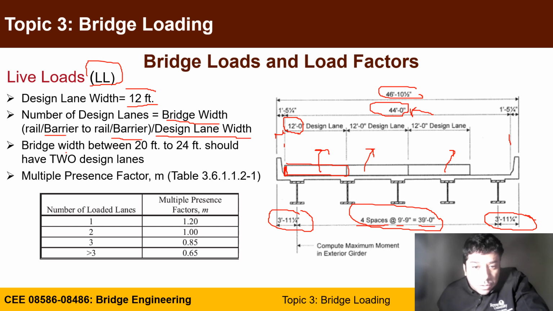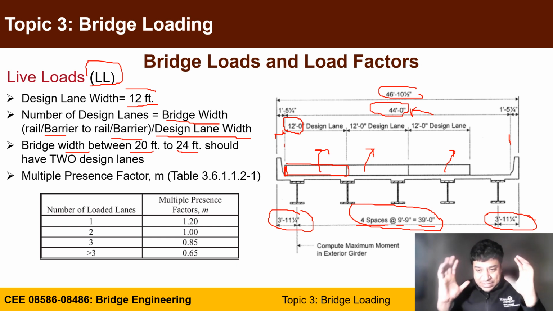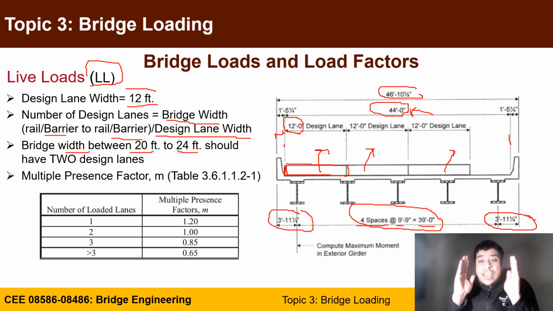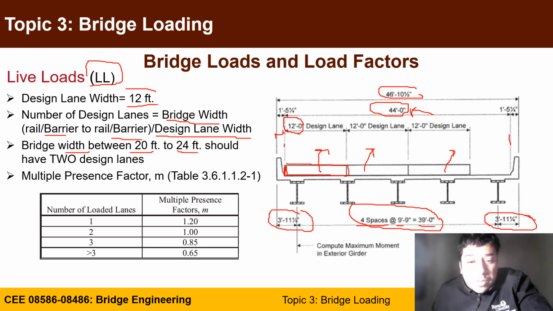In general, a bridge should contain a minimum of 2 lanes, so it should be at least 24 feet. In some cases, it can be 20, because within this 12 feet design lane, your design truck is 10 feet wide, so it can be within that 10 feet. This would make you have 2 lanes of 10 feet restricted, so 20 feet restricted. The minimum should always preferably be 24 for 2 design lanes.